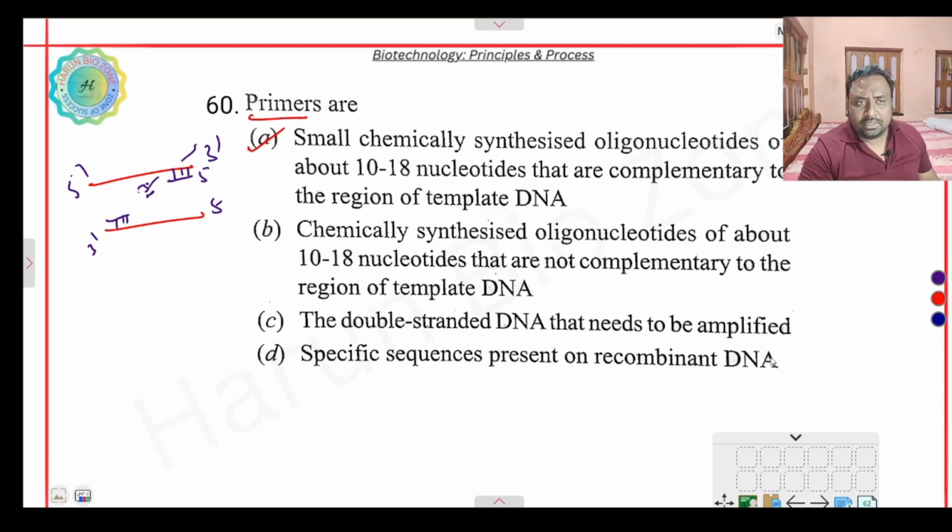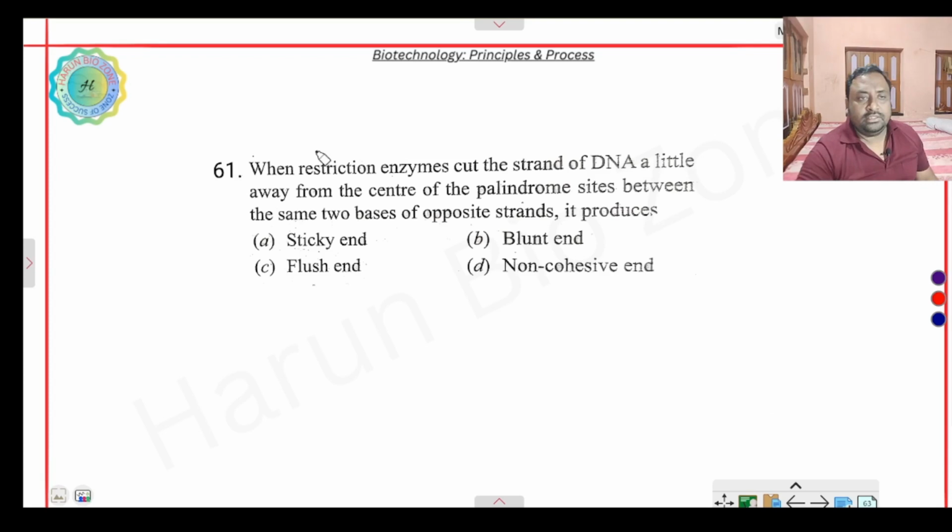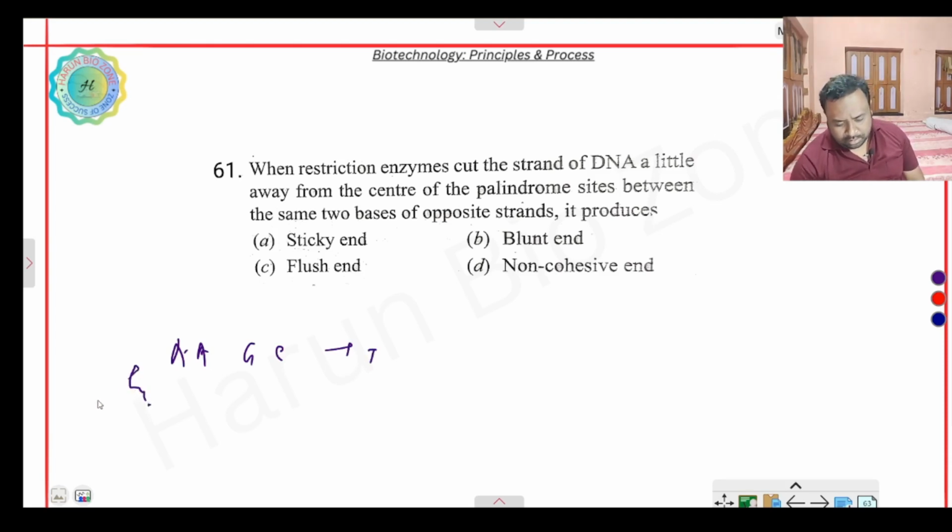Then the last question of this chapter is, when a restriction enzyme cuts the strand of DNA a little away from the center, A, G, C, T, T, then sticky end, T, T, C, G, A, 5 prime to 3 prime and 3 prime to 5 prime.